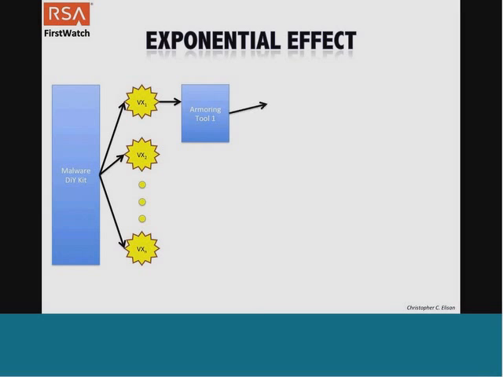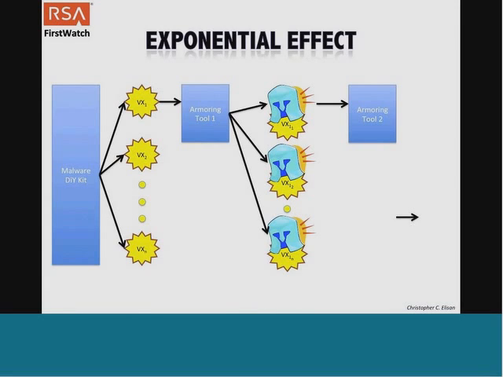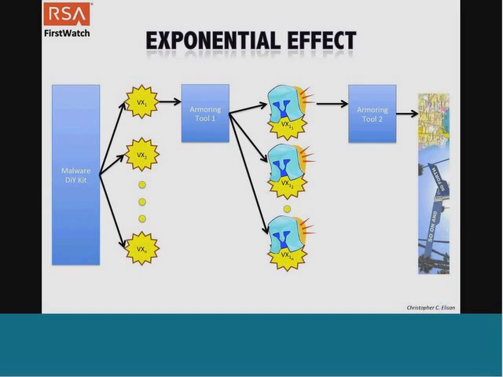So just from one sample, you could create one, two, and so on, and just get one sample and subject it to another armoring tool, and as I said, you could mix and match just to fool the researchers and also different security products, subjecting them to different armoring tools, and so on and so forth.